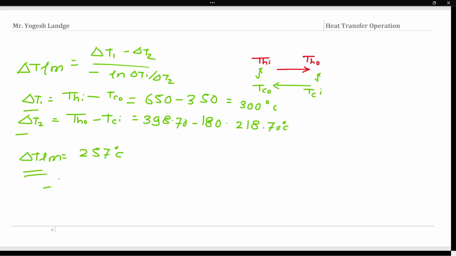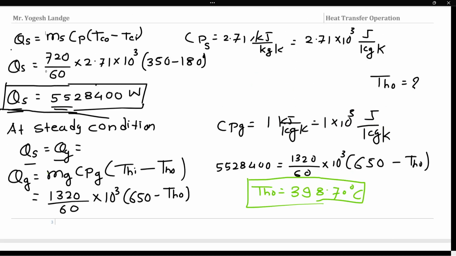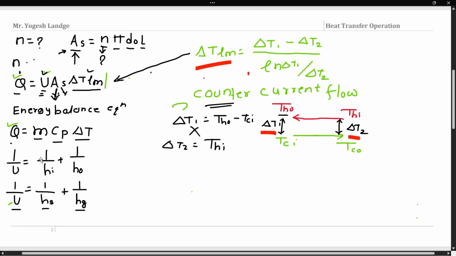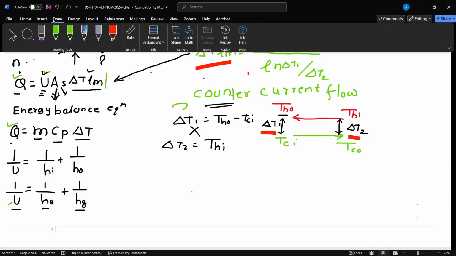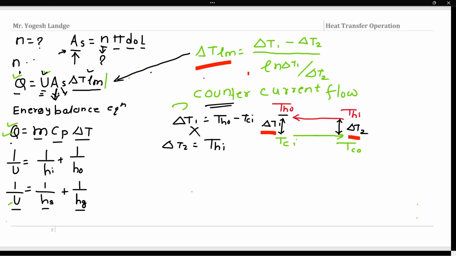So according to the first case, we calculated the value of Q, and we calculated the value of delta TLM. Now focus on calculating the value of U. How do we calculate the value of U?